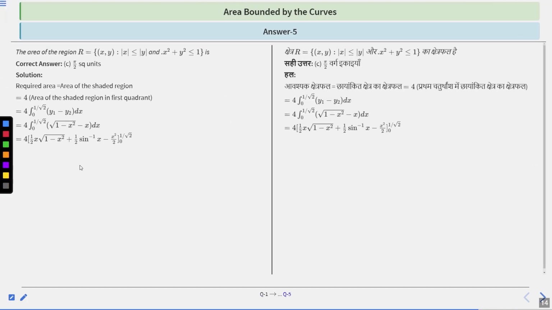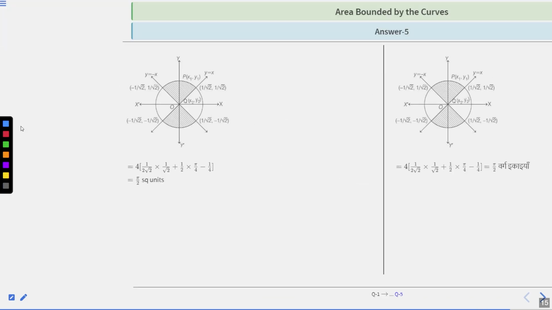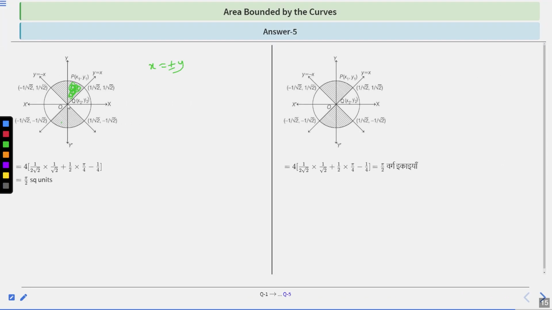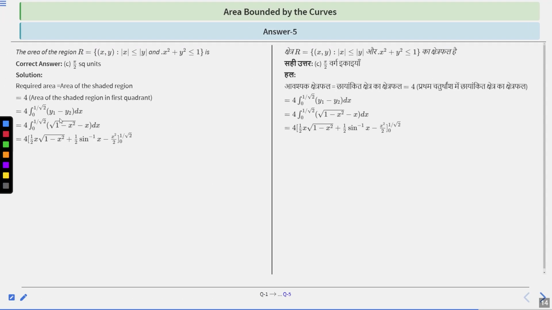Therefore, the required area is equal to 4 times the area of the shaded region in the first quadrant. The shaded region is basically x between 0 and 1 by root 2, and y also between 0 and 1 by root 2. Therefore, the area will be 4 times the integral from 0 to 1 by root 2 of y1 minus y2 dx.